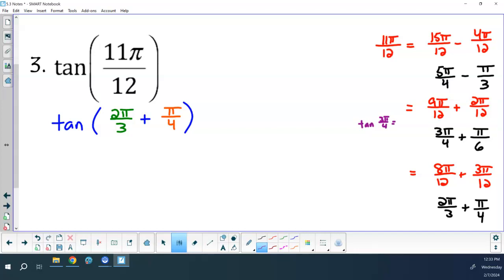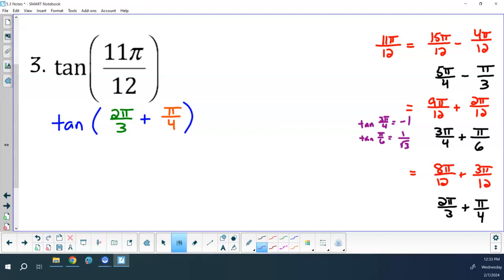What's the tangent of 3 pi over 4? -1. That one's okay. I got no problem with that one. And I would need the tangent of pi over 6. What's the tangent of pi over 6? So I got fractions, right?